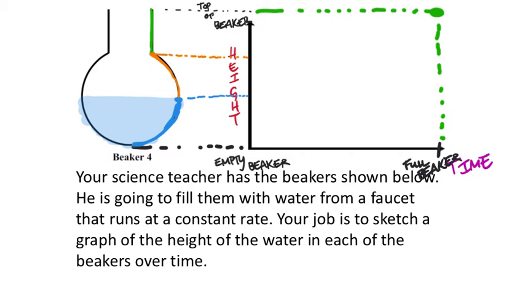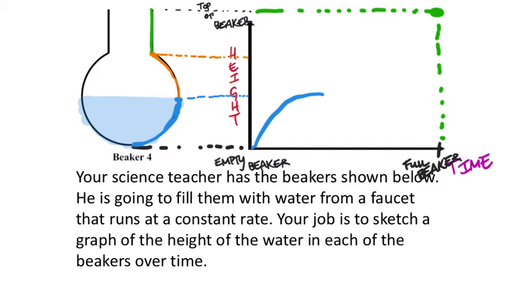So that means that this line would start getting more and more shallow as you go. So that would look something like this, okay? Because it starts faster because it's thin at the bottom, and then it gets slower as you move up.